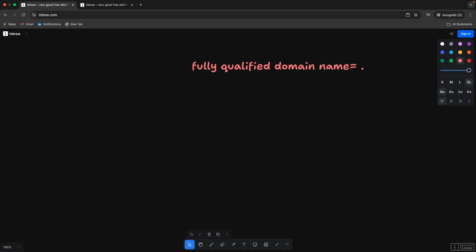So basically, the client holds this. So further, you can classify domain names into two types. One is a fully qualified domain name, another is a partially qualified domain name. So let's spend more time here.